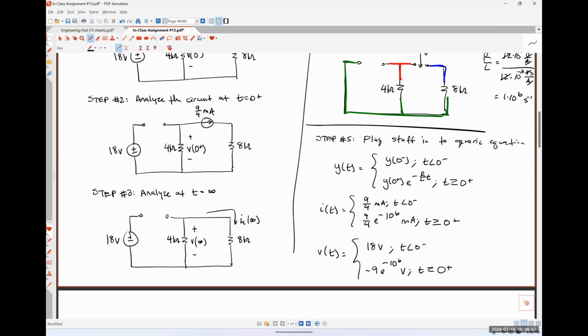Formula memorization, for the most part, yeah. The circuit analysis part of these is just the same stuff that you've been doing, as long as you can remember that t at 0 minus and t at infinity always represent DC steady state conditions, meaning your inductors should look like short circuits and your capacitors should look like open circuits.